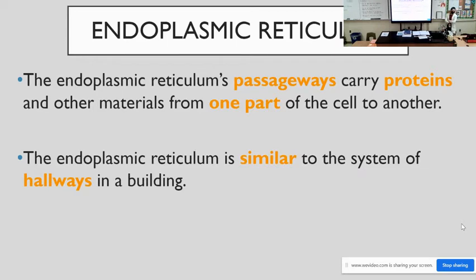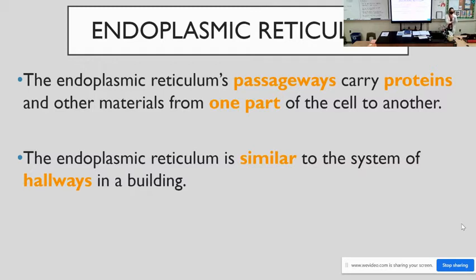Alright, so then around the nucleus, you will find the organelle endoplasmic reticulum. So this is a passageway that carries proteins. So those proteins are in the ribosome. So it carries ribosomes and other materials from one part of the cell to another. So the best way to think of what endoplasmic reticulum does is to think about hallways in a building.